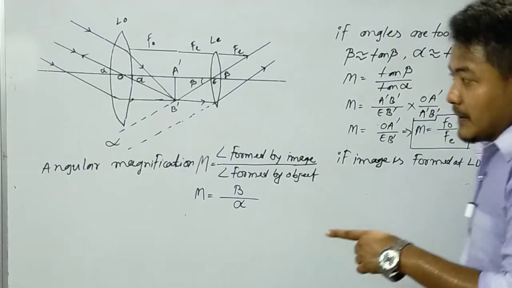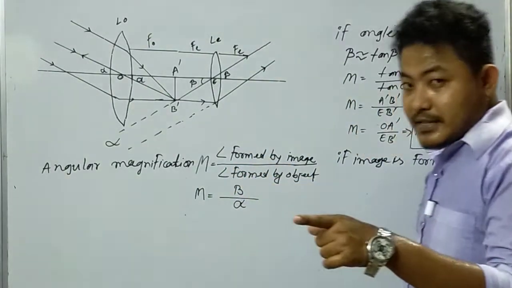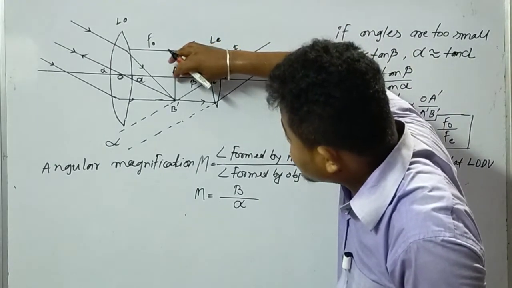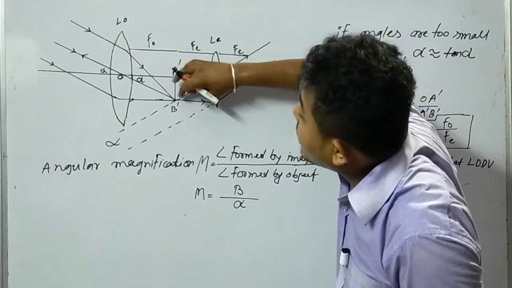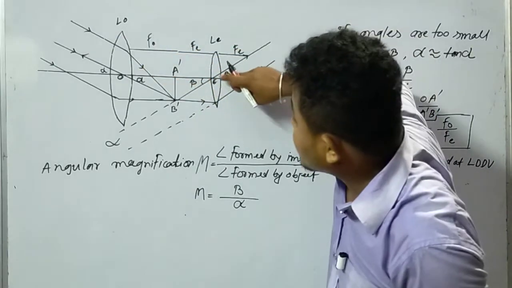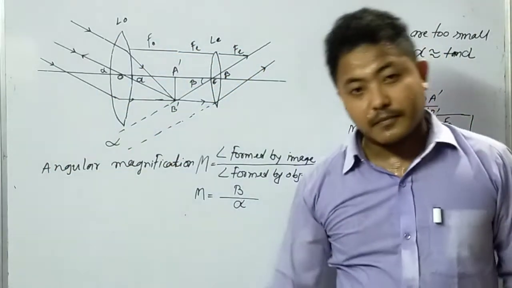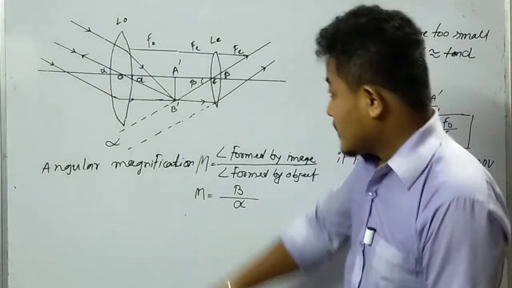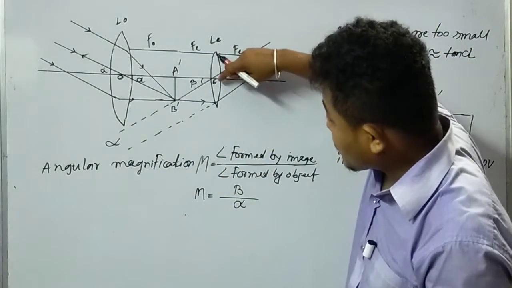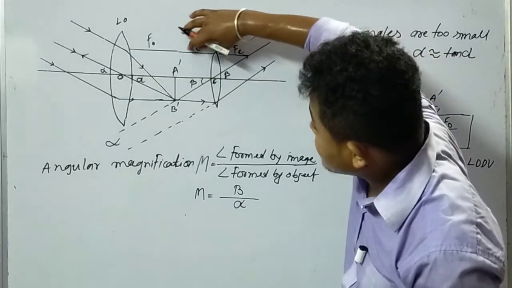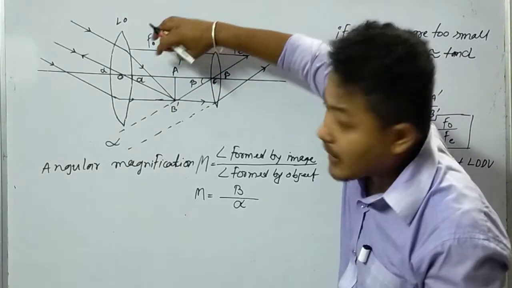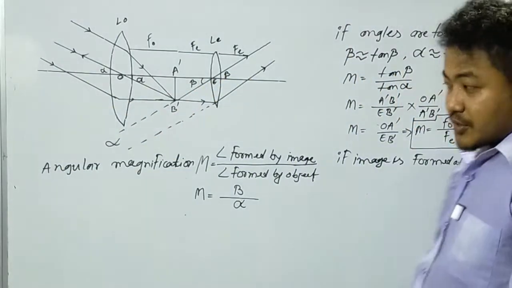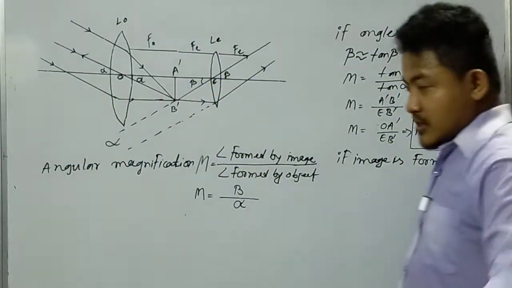But if I keep this object between optical center and focal length, then what will happen? If this object is placed within optical center and focal length, then instead of the focal length, this will become the object distance, and the image will form at some distance, might be the least distance of distinct vision.